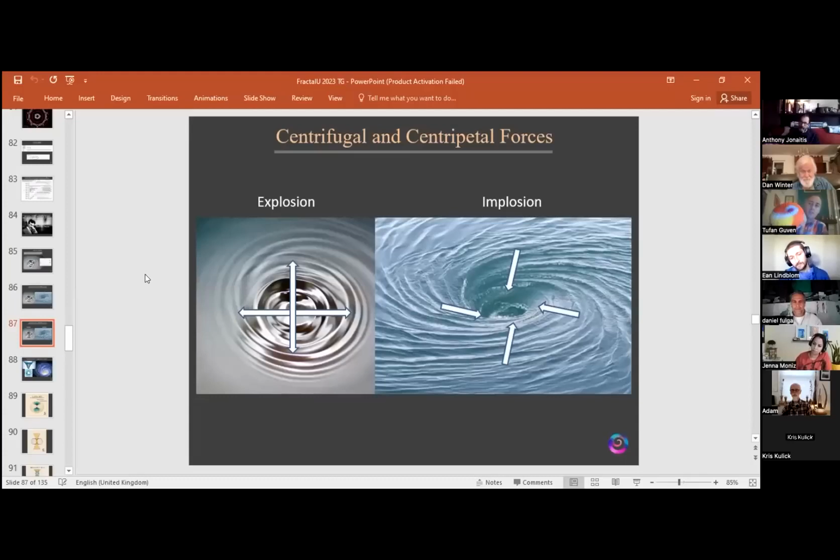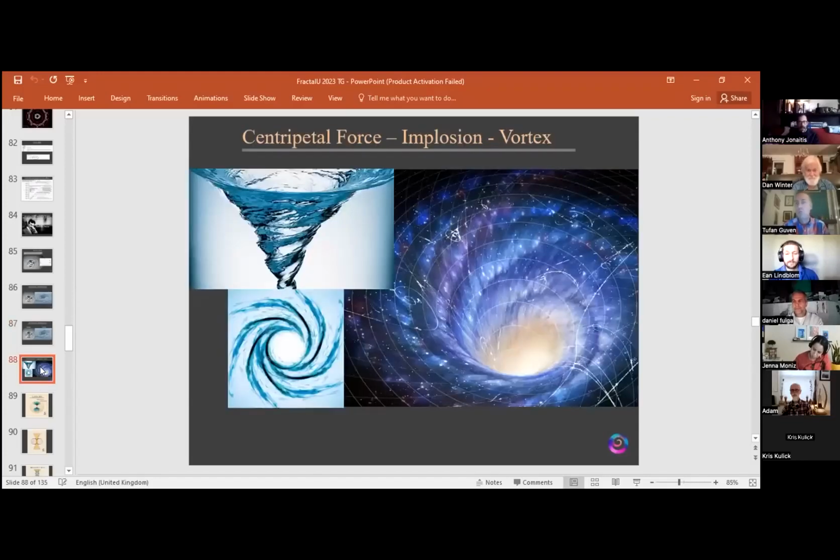These are two forces that are present in a toroidal field, which is a plasma field. Especially the implosive quality of that force is observable in whirlpools and black holes as well.